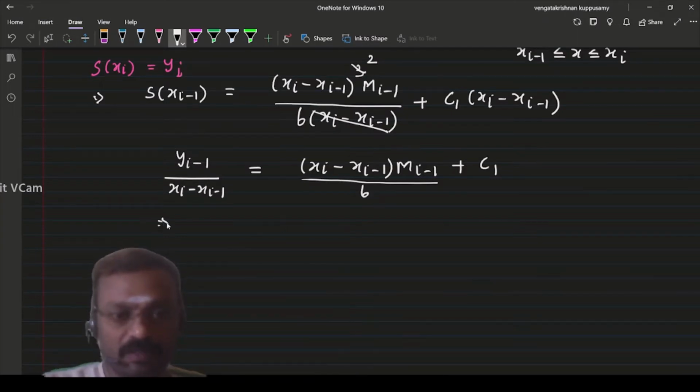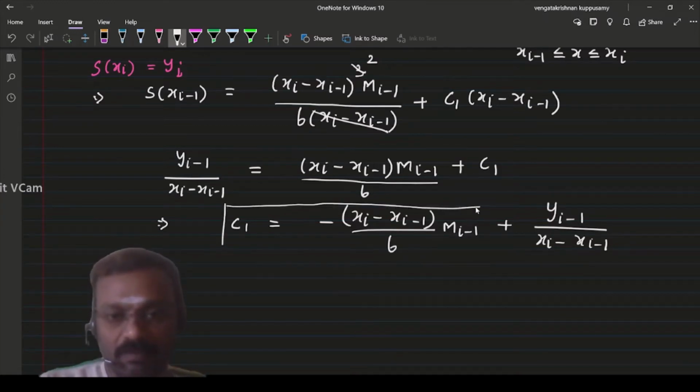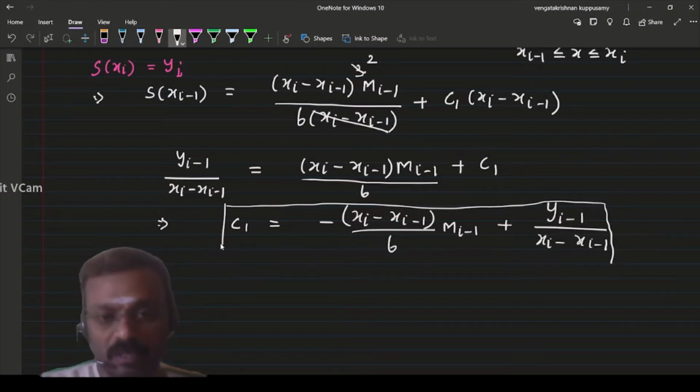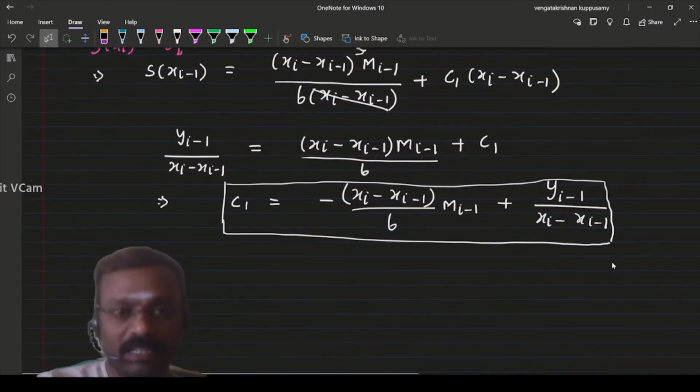So from this we get c1 equal to minus of (x_i minus x_{i-1}) by 6 into m_{i-1} plus y_{i-1} by (x_i minus x_{i-1}). So we got C1. Now apply the boundary condition, S of x_i equal to y_i.